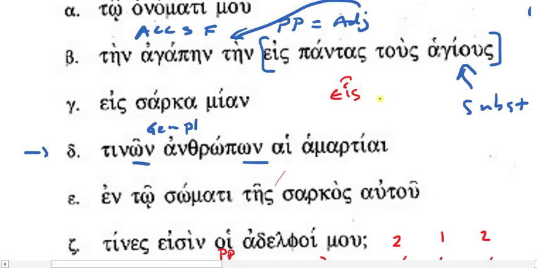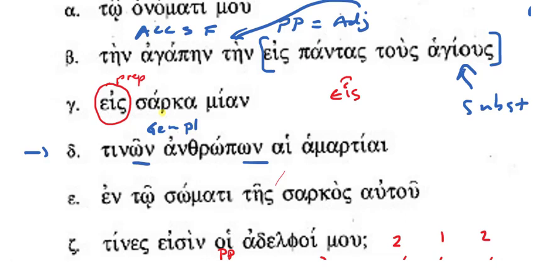How do I pronounce that? Heis. Gotta put that rough breathing in. Heis. What do I have here? Smooth breathing. That is not one, that is the preposition, eis: into, or in, or toward.